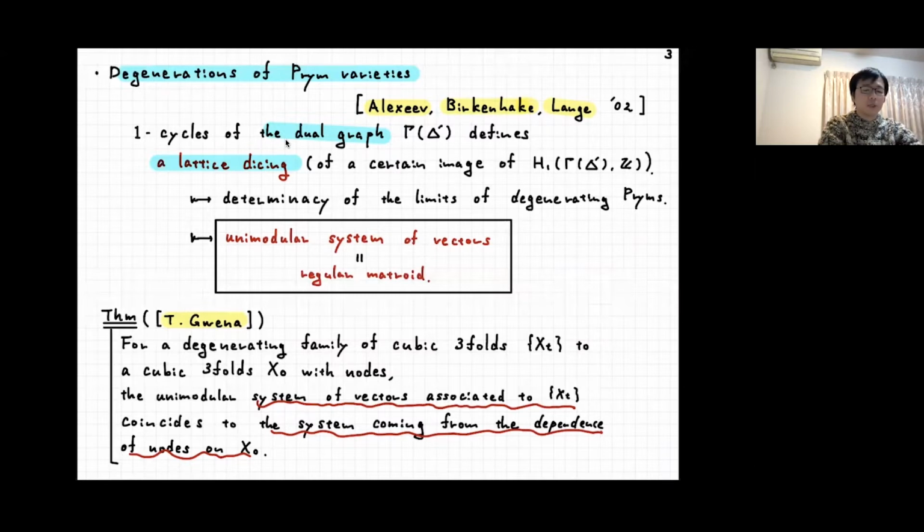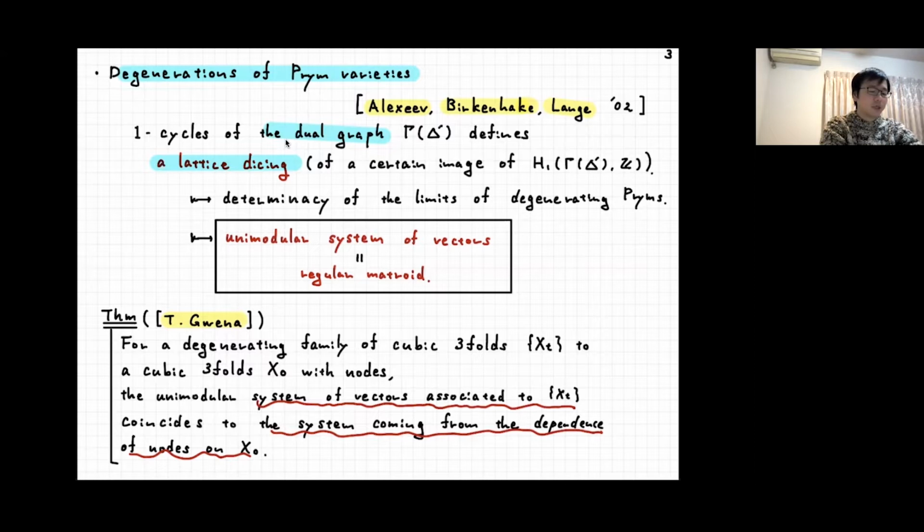So it means that if we have nodes which sit on just one plane, then such a linear dependency relation gives a unimodular system of vectors. In such a way we obtain the system here, and this in fact gives the unimodular system of vectors defined by the dual graph and the lattice dicing.